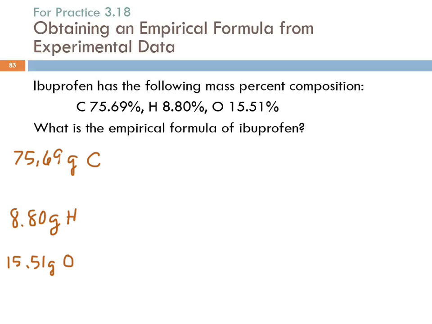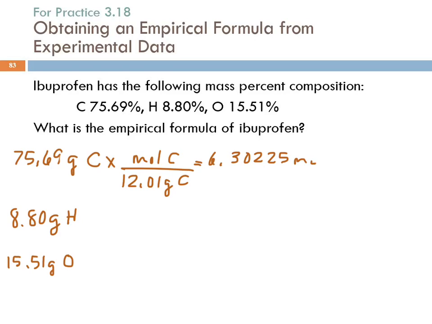We convert to moles. So 1 mole of carbon is 12.01 grams of carbon. It's 6.30225 moles.